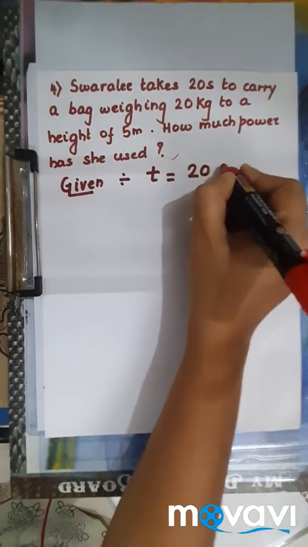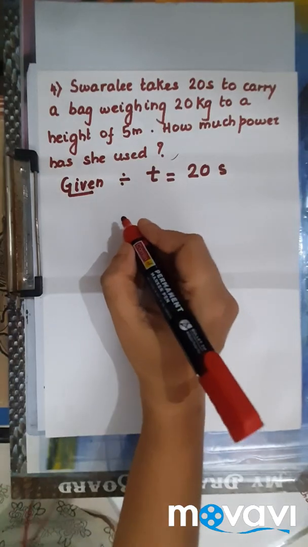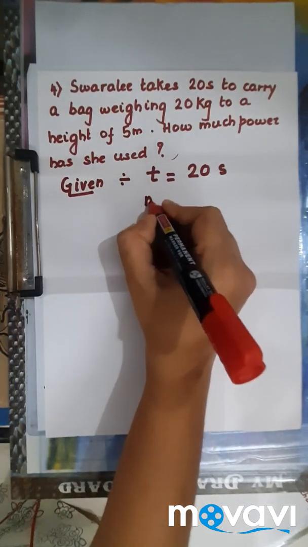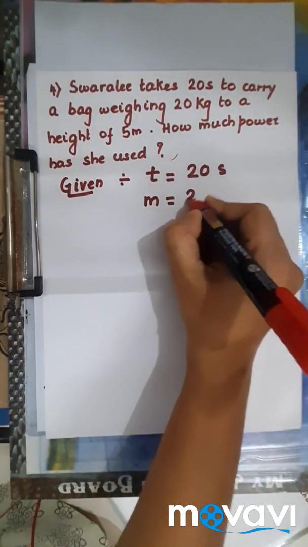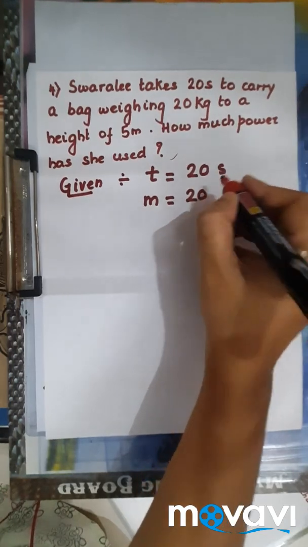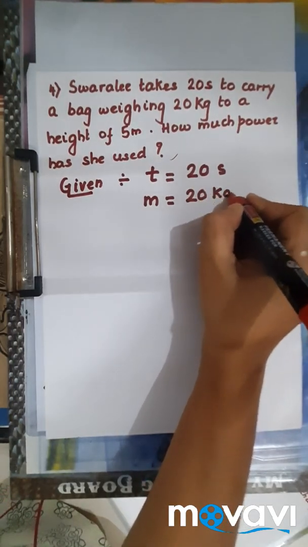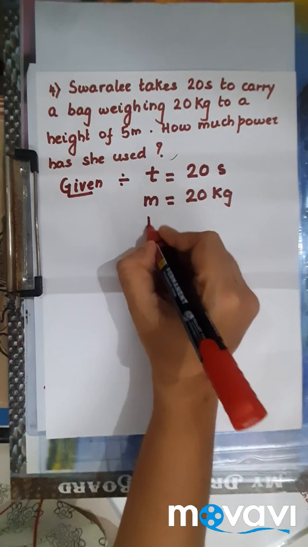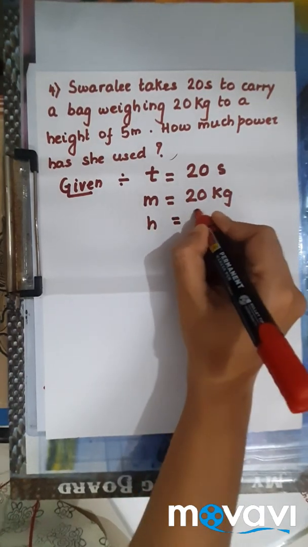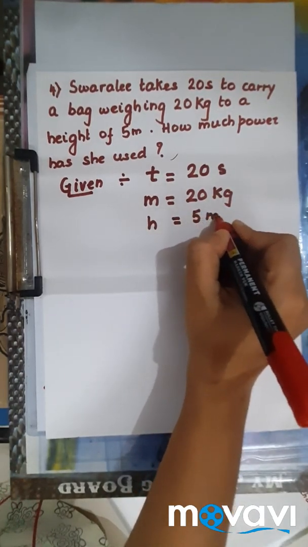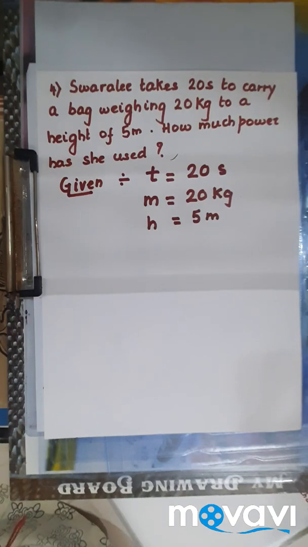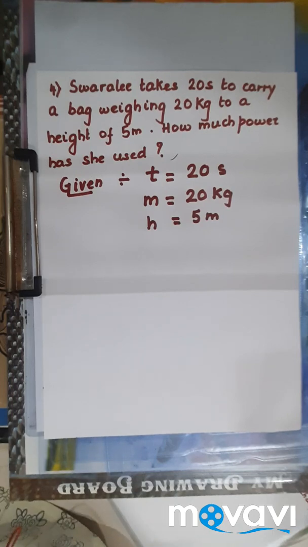Time is 20 seconds. To carry a bag weighing 20 kgs. So mass of the bag is 20 kg. Okay. To a height of 5 meter. So height is equal to 5 meter. Right. How much power has she used?